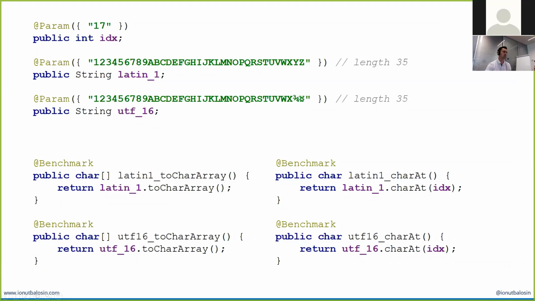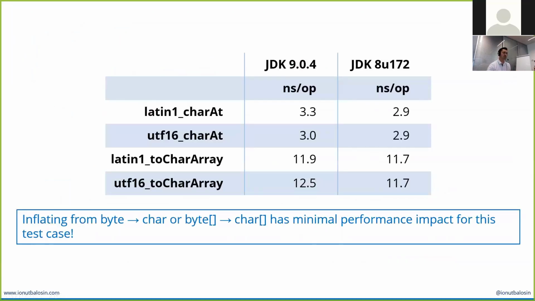The timings that I retrieved, and here I included also the comparison between JDK 8 update 172 and the current JDK that I'm talking about, JDK 9. As you can see, in the case of Latin 1 and UTF-16, the charAt performance is almost the same between those two.